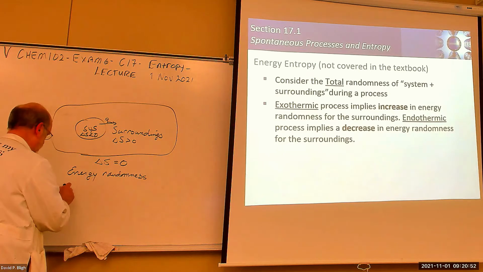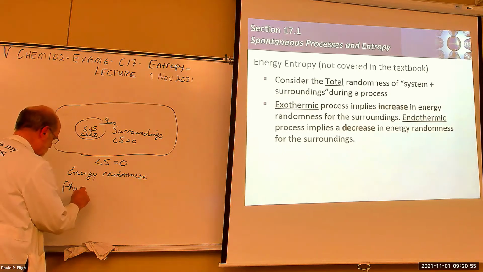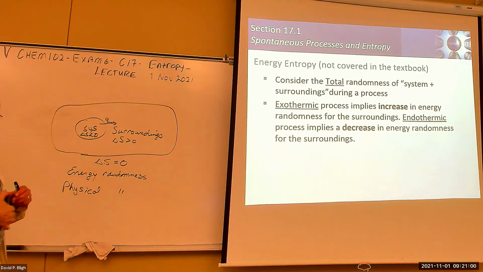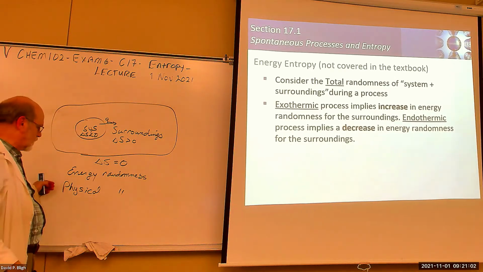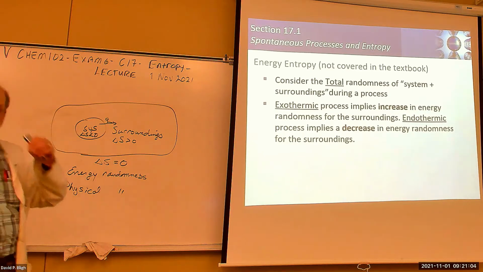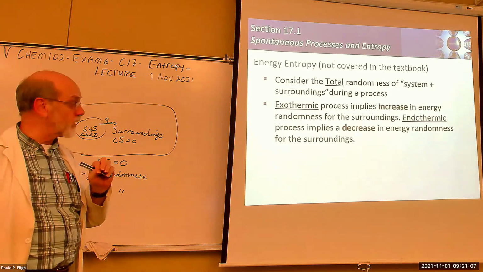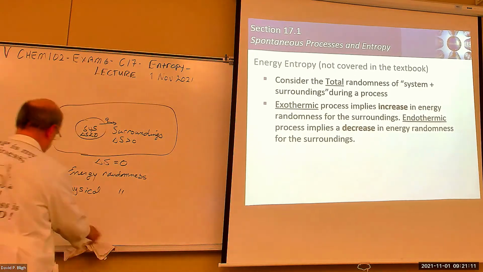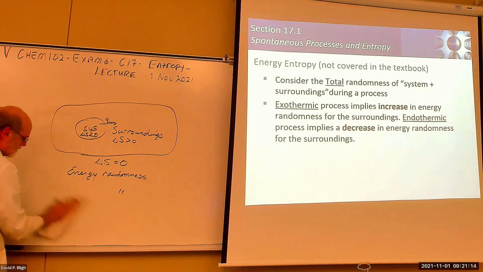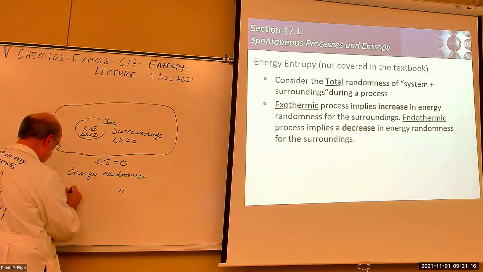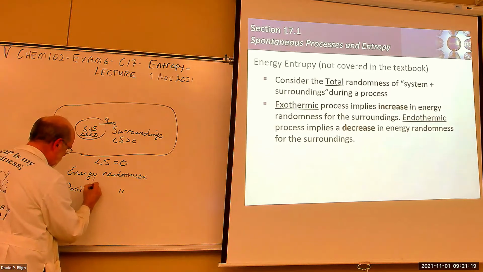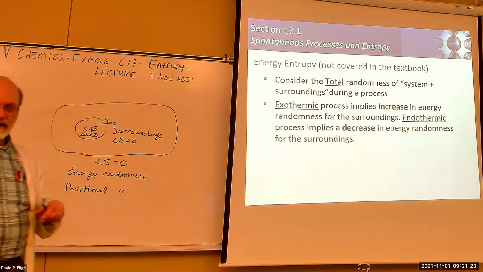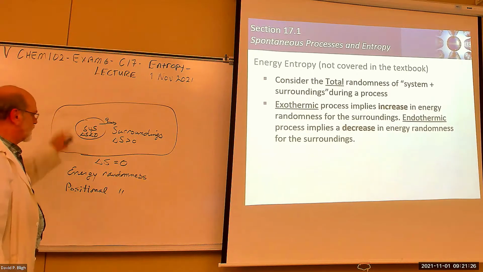I want to say physical randomness. I hope I used the right term. So you can think of entropy in these two terms: energy randomness or physical randomness. Yeah, go ahead. On this one slide, it says positional randomness. Positional, thank you. Energy versus positional. So we started our discussion with positional randomness. And now we're going to introduce energy randomness.